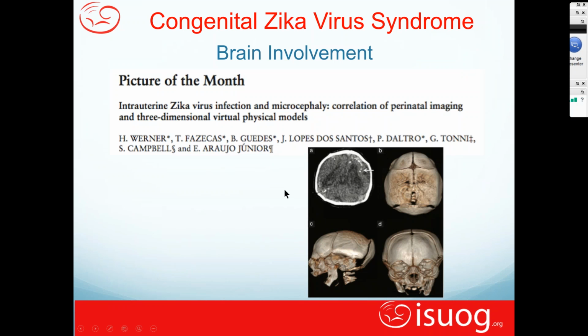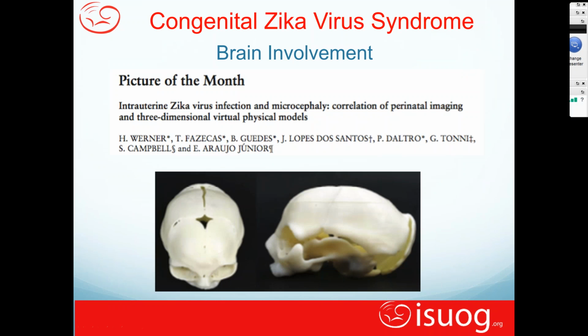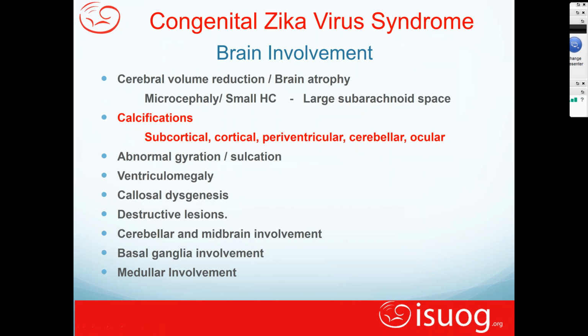And these are the things that we look for in the skull of babies that certainly have abnormalities. And you can see the fontanelles are small, some of them are prematurely closed, and these are models that have made a difference. As I said, the calcifications can be anywhere in the brain: subcortical, cortical, periventricular.